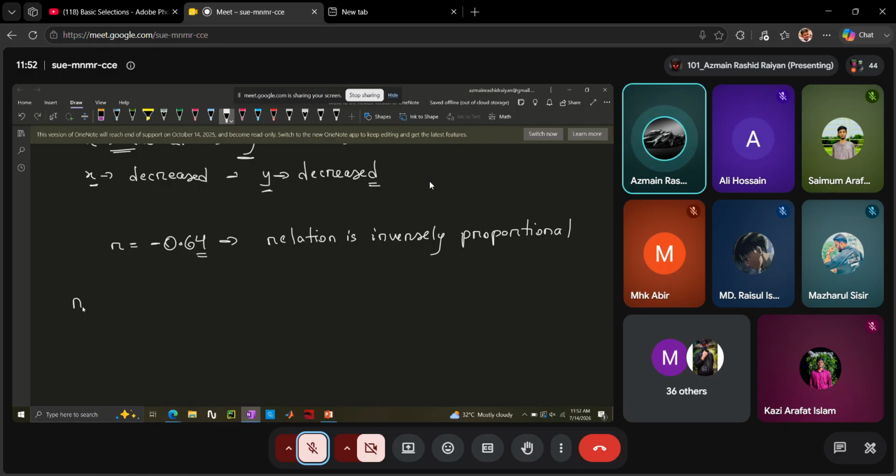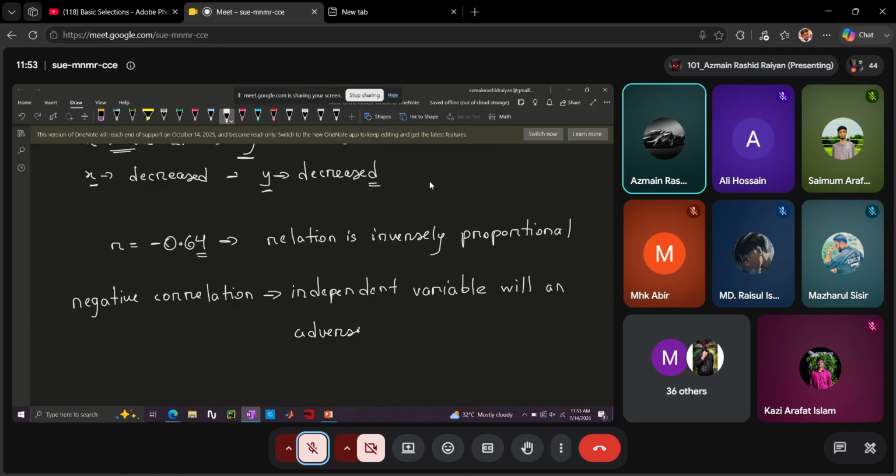Negative correlation means the independent variable will have an adverse impact on the dependent variable.